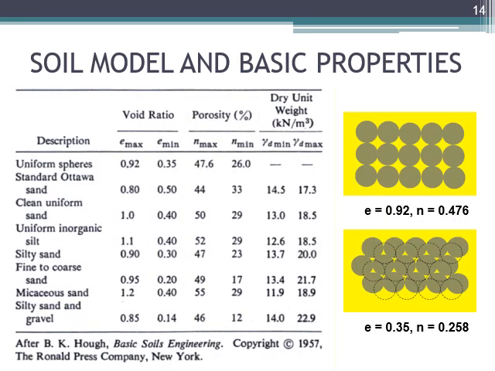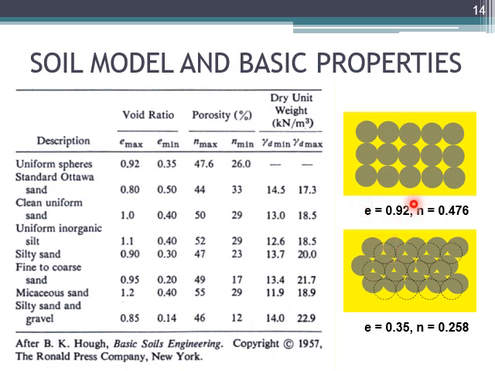What are the values of the void ratios or porosities? If you imagine that the soil is built of uniform spheres, then there exists an arrangement for which the voids between the grains will be the greatest. And there also exists some other arrangement where the voids will be the smallest.